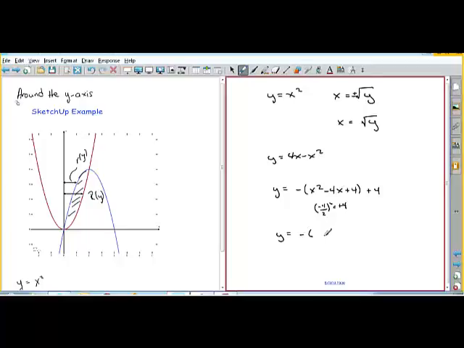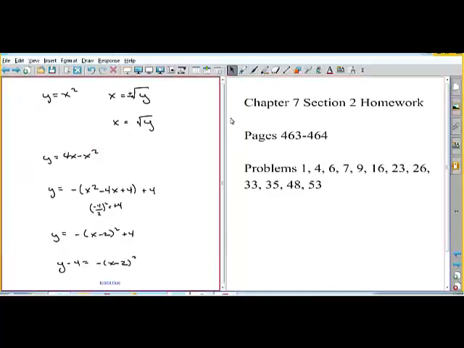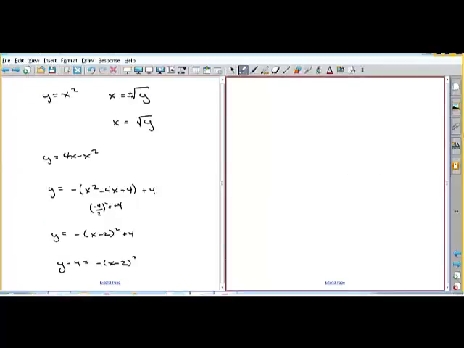Then you collapse this down to x minus 2 quantity squared. Then we would subtract 4 from both sides. What do we do next? See, we're right near the end of this section.